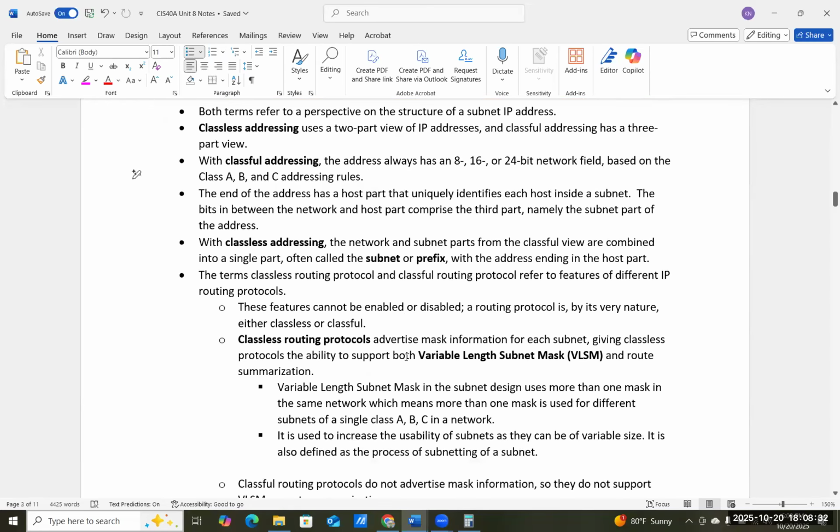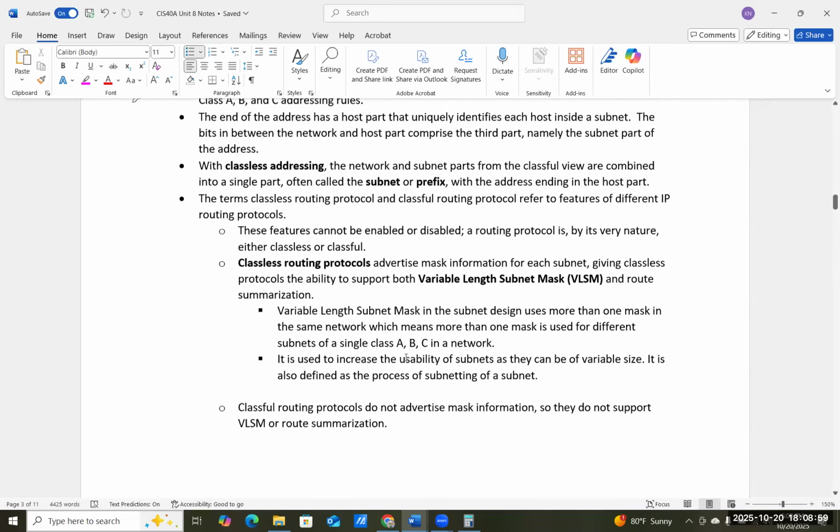And this is important when you are dealing with specific protocols for routing. When you're using a classless subnet mask, it would use variable length subnet mask, which is your VLSM, to route, as it knows that you don't necessarily have the regular classful subnet mask. It doesn't belong to a specific class.